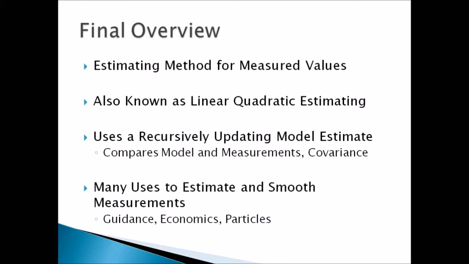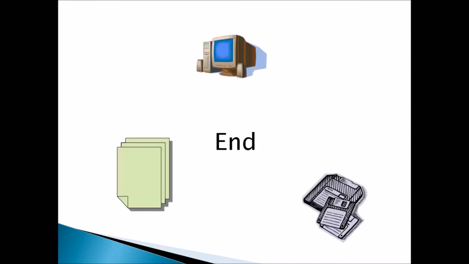And the theory is that these estimates will be very close to the actual values because it'll smooth out the noise. And there's a lot of different uses here, obviously guidance systems being probably the most important one, and economic data, and then particle movements, of course, would be another useful instance of Kalman filtering. And that's pretty much it.